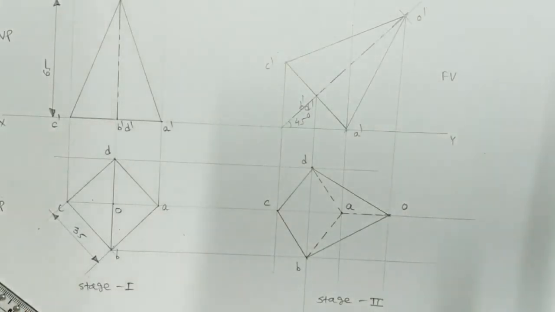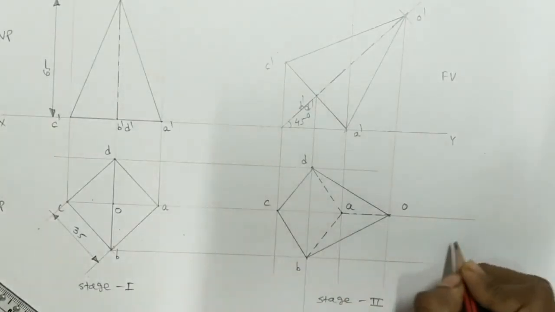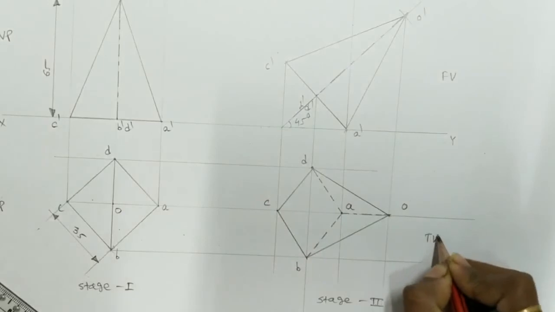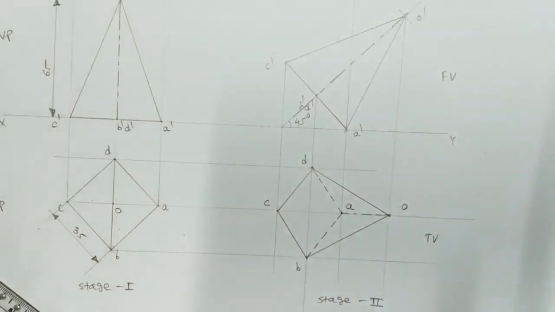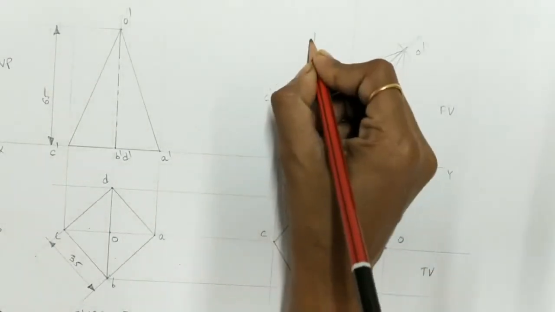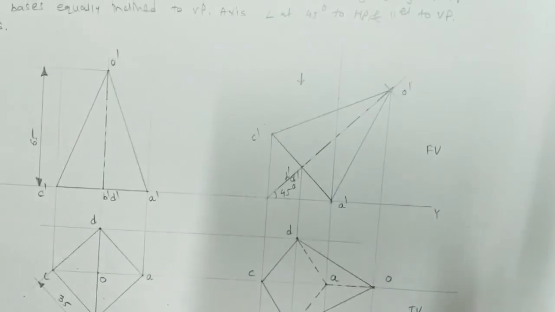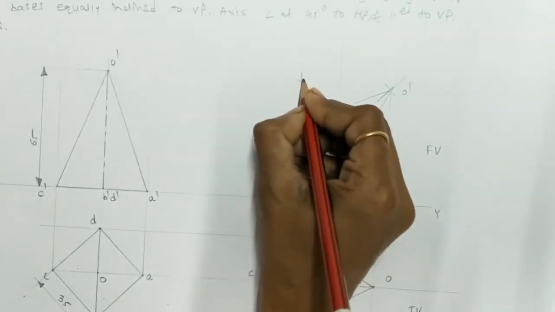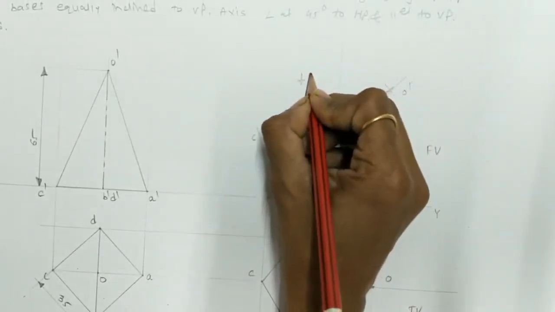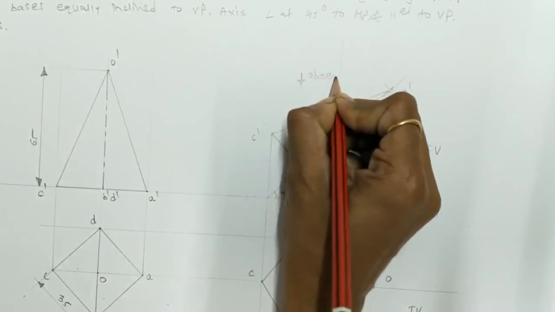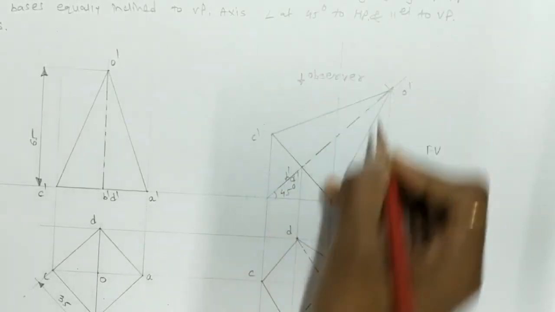So in this way we have completed the top view of stage 2. Show here the direction for the observer. So here is the observer.